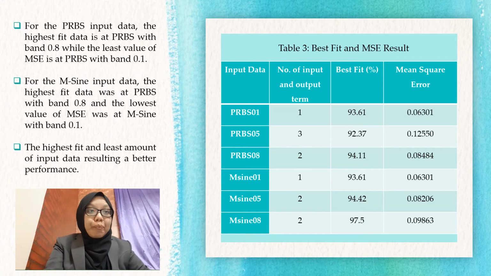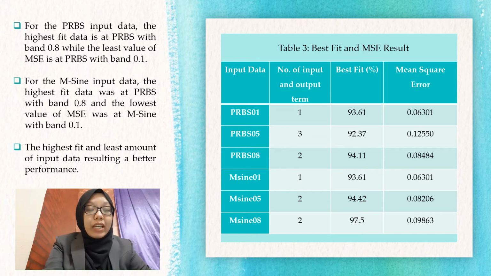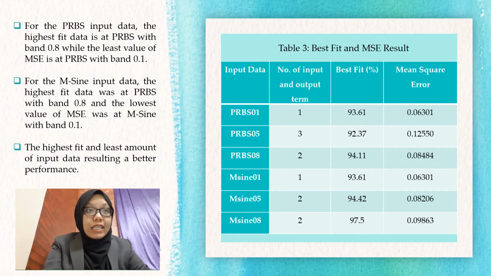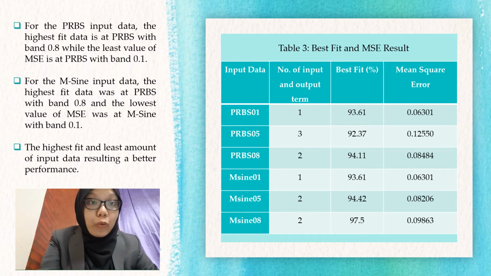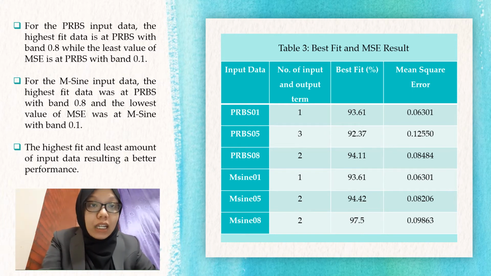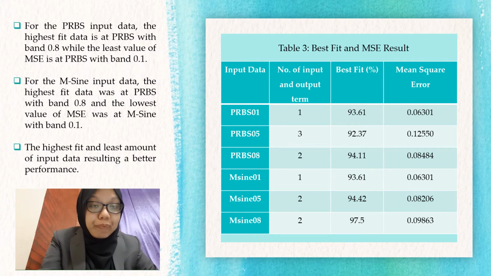For the PRBS input data, the highest fit data is PRBS with band 0.8, while the least value of MSE is at PRBS with band 0.1. For the M-sign input data, the highest fit data was at M-sign with band 0.8, and the lowest value of MSE was at M-sign with band 0.1.